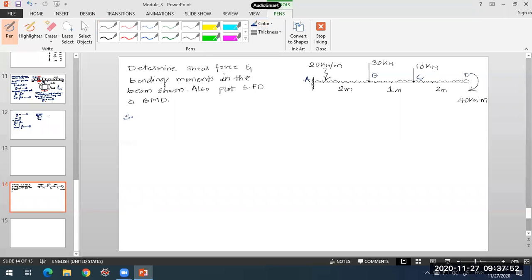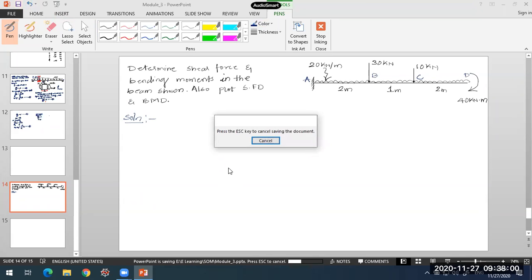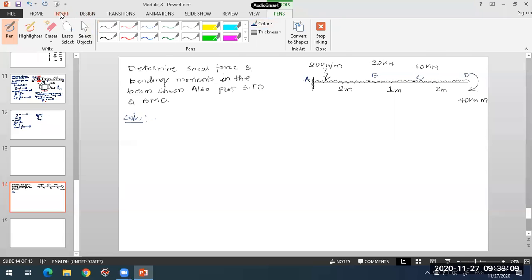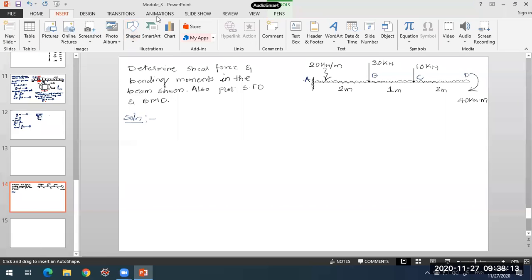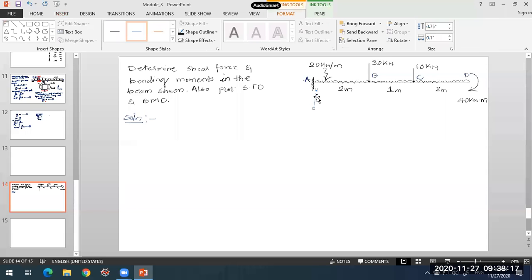So for the solution, what we require is the reactions. So calculate the reactions at support A, the fixed support. In this case, the support can offer 3 reactions.